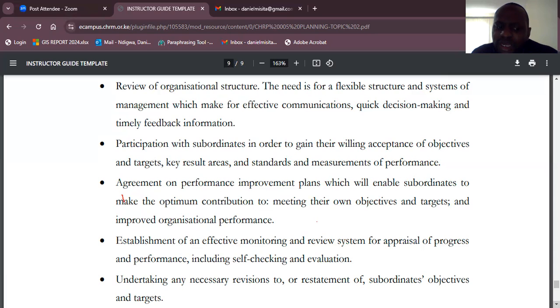And that is why complex organizations that have implemented some of these parameters have come up with systems that will help you to appraise the employees.